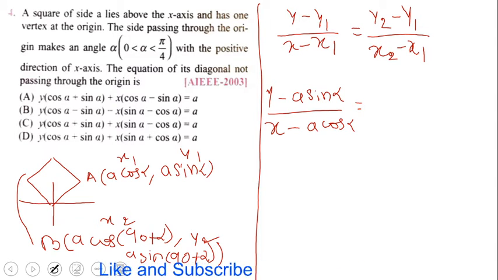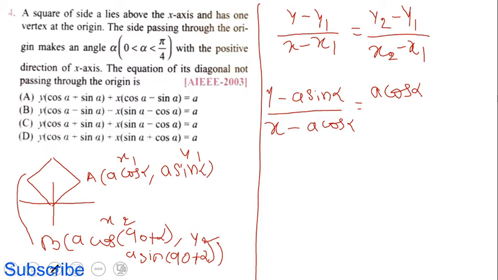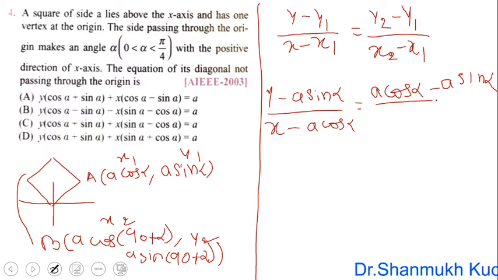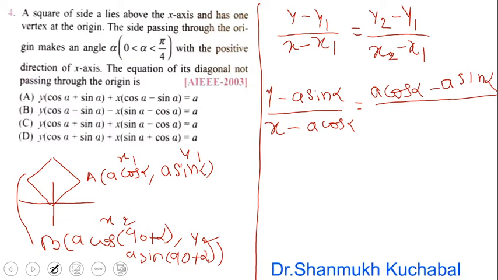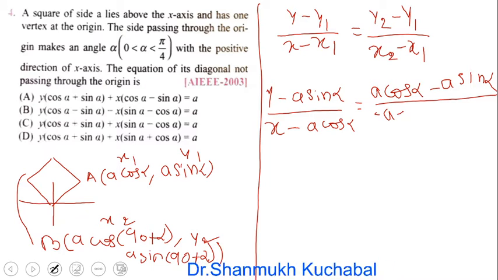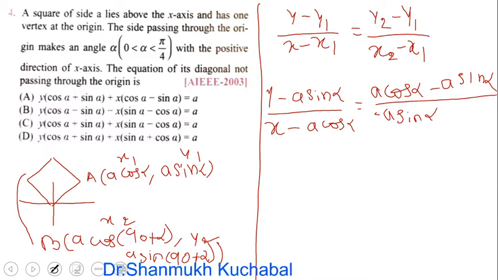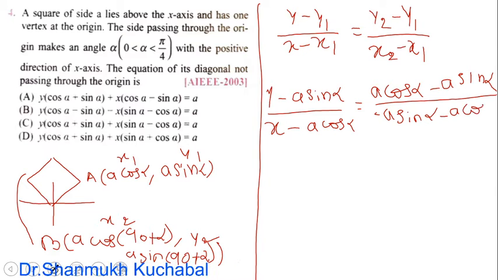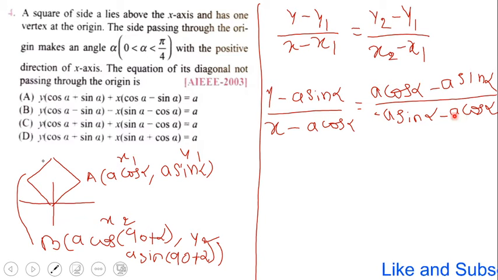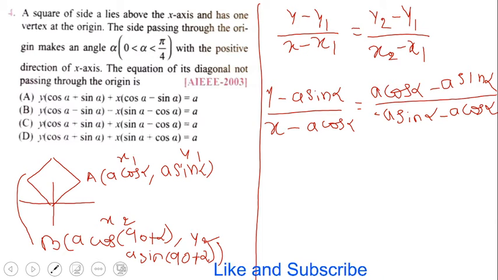So we get this as A cos alpha minus A sin alpha. We have to use the allied angle formulas here. Similarly, x2 minus x1 is minus A sin alpha minus A cos alpha. Then further we need to simplify it, so cross multiply. We take this denominator to the LHS and this denominator to the RHS and simplify it.